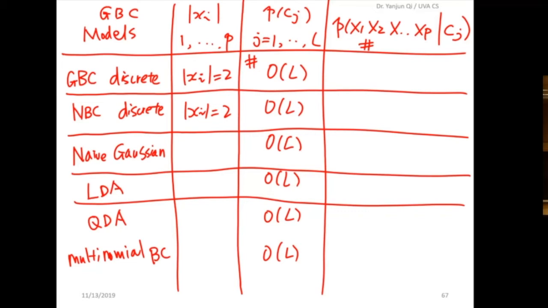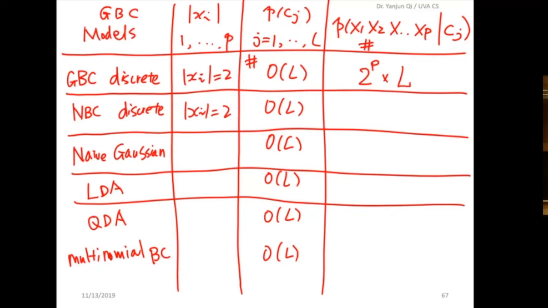If you still remember, each one has 2 possibilities, and x1 to xp gives 2 to the power p. Also, because the generative model is conditioned on each class label, for each class label I have 2 to the p parameters to estimate, which means the number of parameters is 2 to the p times L. Okay, question, you already know this.